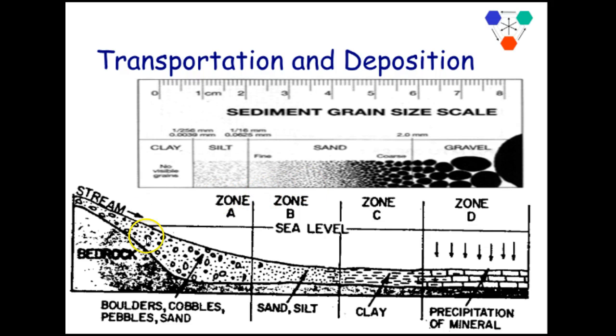And you can see them now right here, deposited right away just above the bedrock. Then those are followed by sand and silt and clay. So the largest sediments are deposited first, and then the smallest sediments are carried further, obviously because they're lighter, less dense. And then eventually, they're going to precipitate into what we call sedimentary rock, which we'll get to here in a second. So get that in your notes.